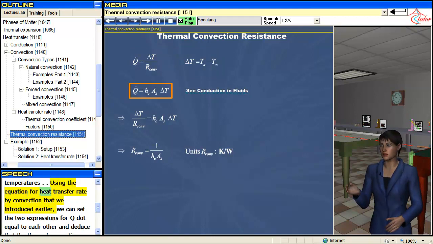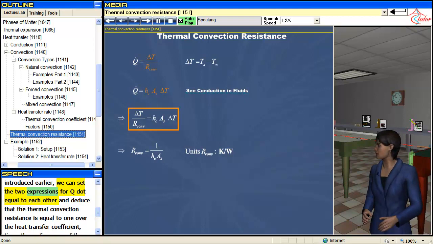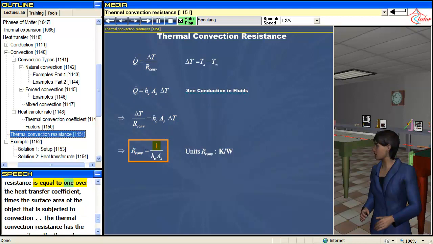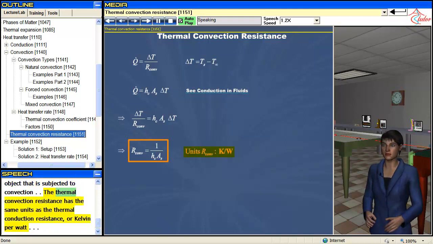Using the equation for heat transfer rate by convection that we introduced earlier, we can set the two expressions for Q dot equal to each other, and deduce that the thermal convection resistance is equal to 1 over the heat transfer coefficient times the surface area of the object that is subjected to convection. The thermal convection resistance has the same units as the thermal conduction resistance, or Kelvin per watt.